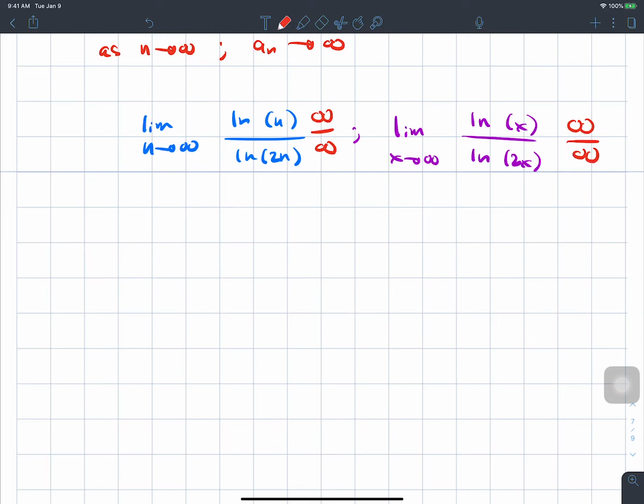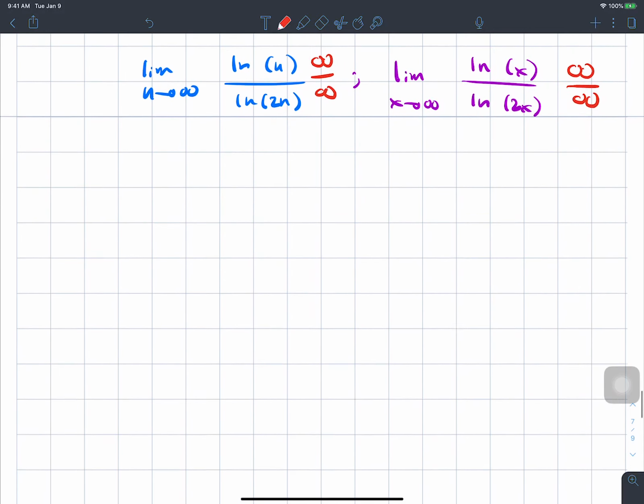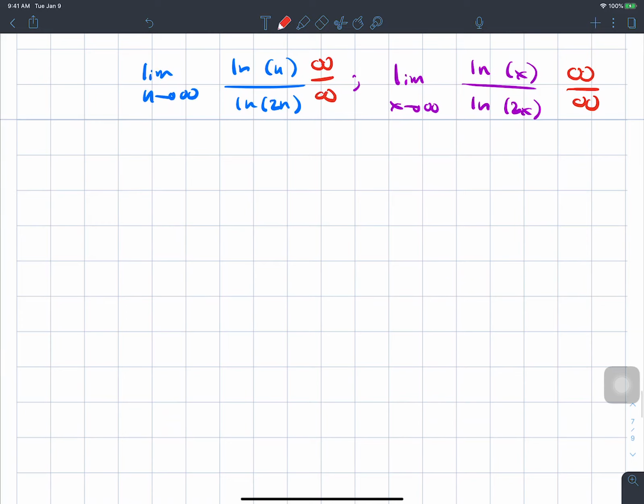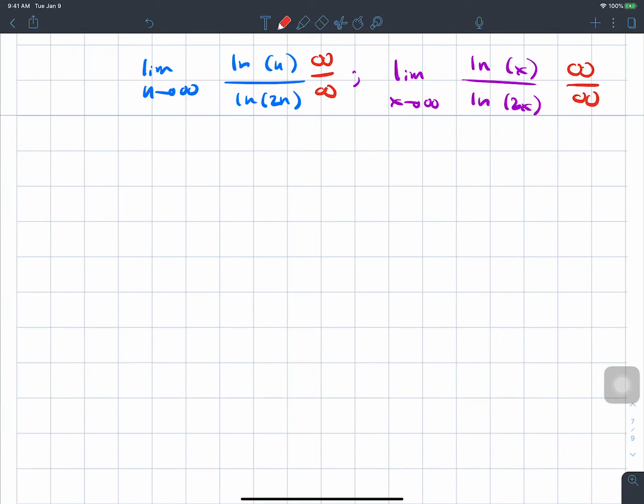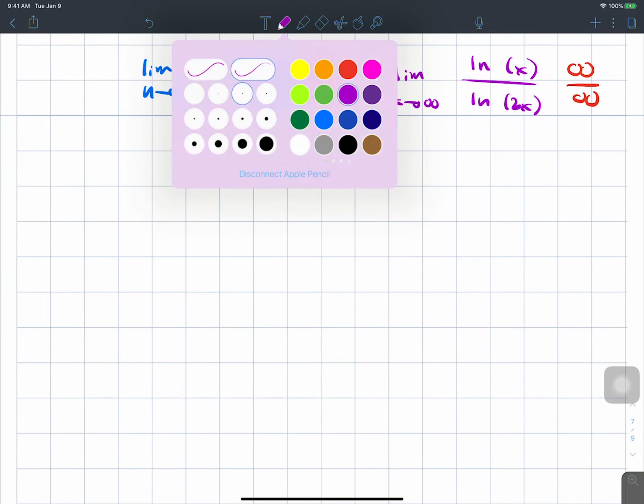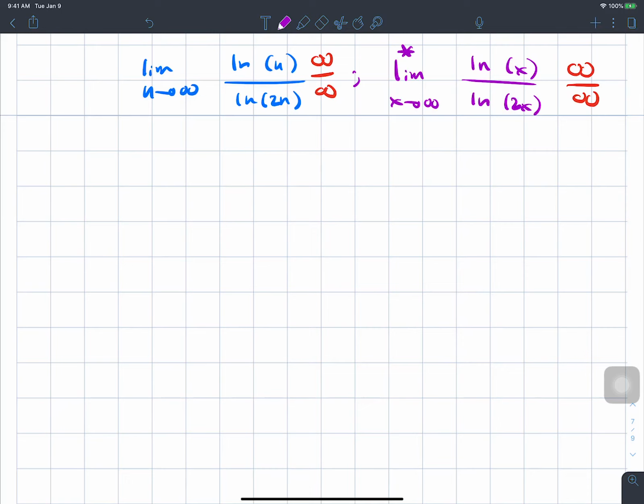So I got infinity over infinity. And if you said, oh, okay, no big deal, I just use L'Hopital's rule, I'm going to tell you, yeah, you can use L'Hopital's rule, but you can't use it for what's in blue because L'Hopital's rule doesn't apply for discrete points. You need some continuity here for your variable x. It's a different course. We call it random variable. So go to the purple version with your real variable x, and now you can apply L'Hopital's rule.